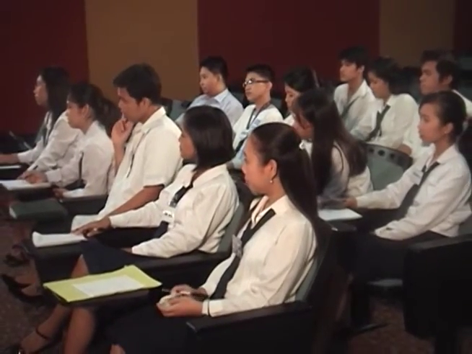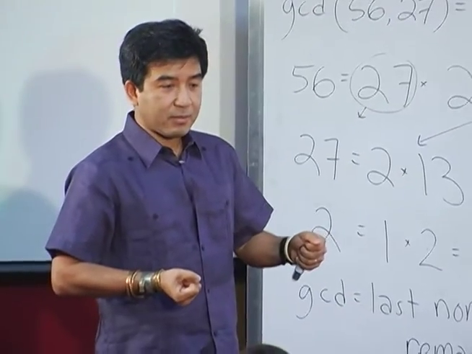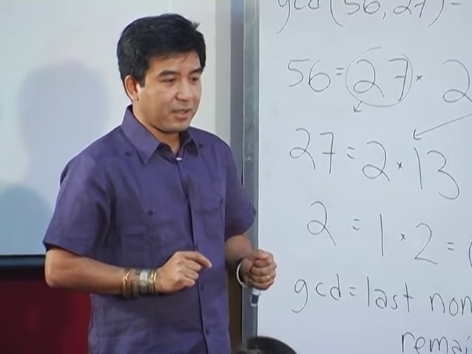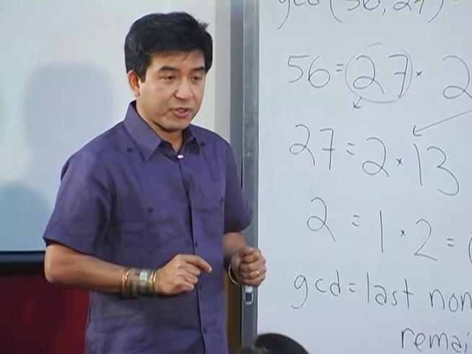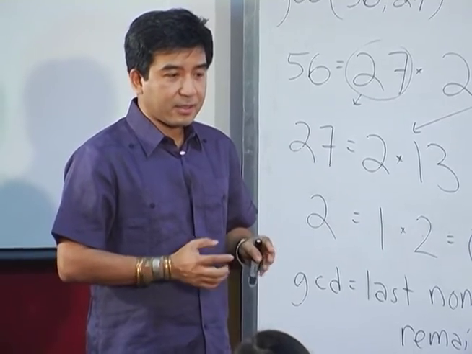So this is the Euclidean algorithm. If you have really big numbers, there's no need to get the factors because that is very difficult. But we can perform division. We can do that by hand. And the process stops in a few steps.